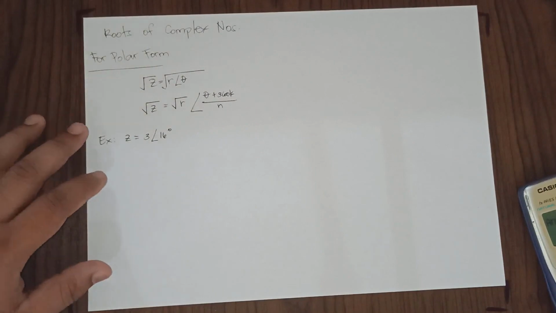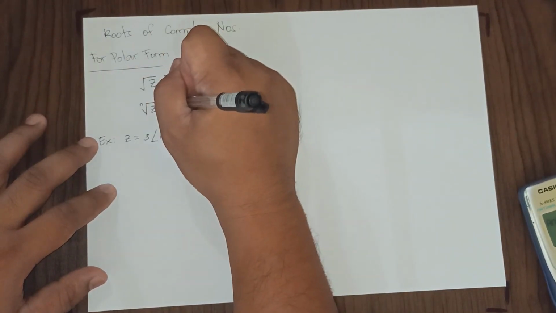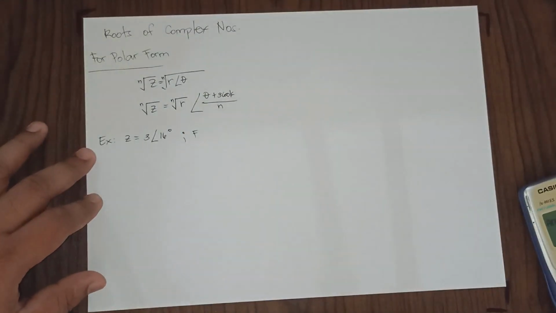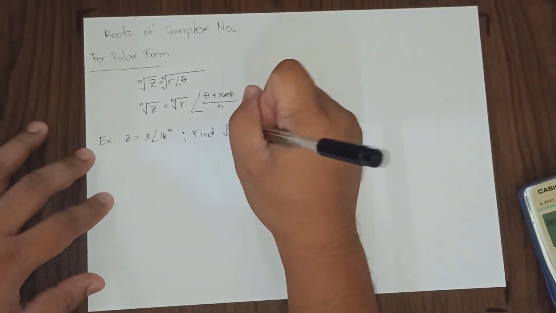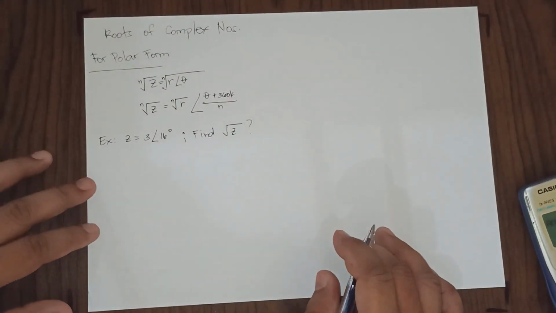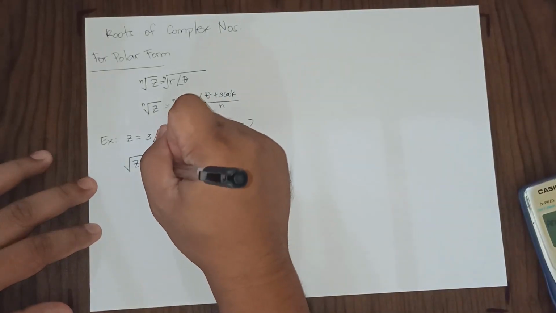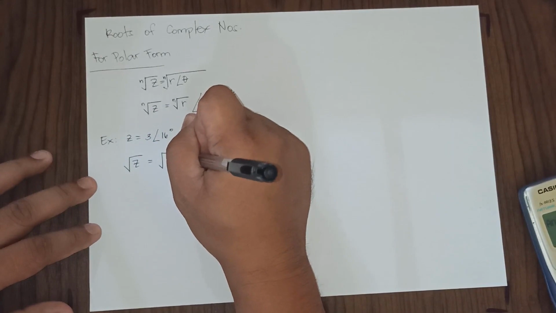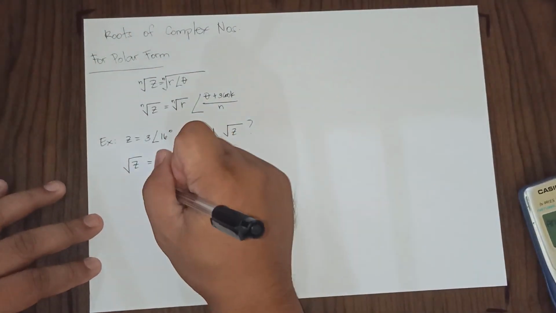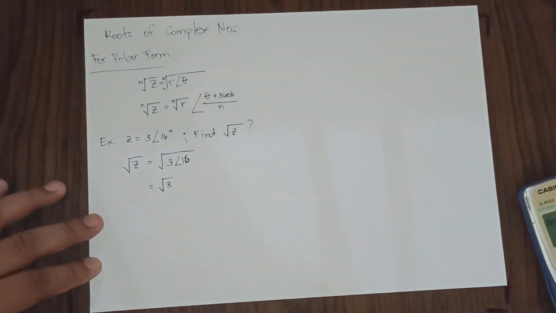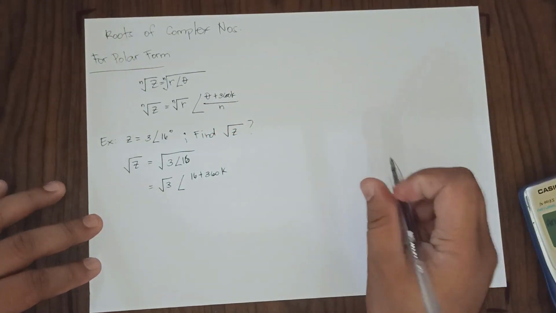Find the nth root, or sabihin natin, find the square root of Z. So, ito na yung solution natin: the square root of Z is equal to the square root of 3 bar angle of 16, and that is expressed in square root of 3, bar angle of 16 plus 360k, all over 2.